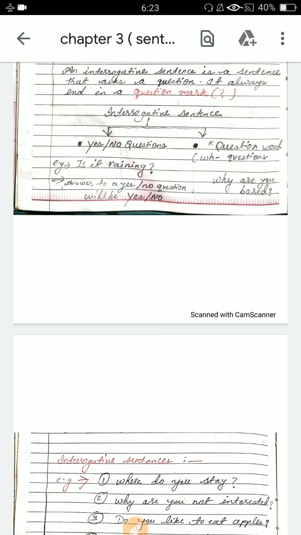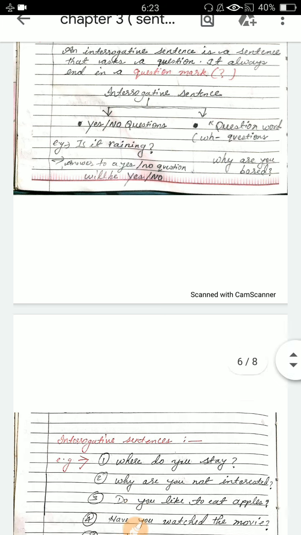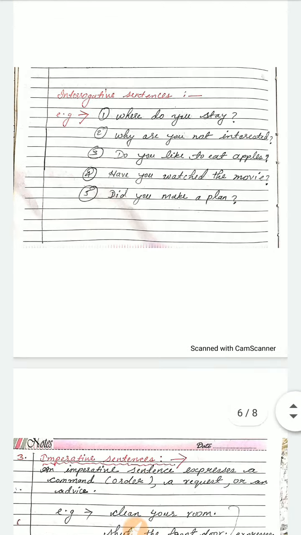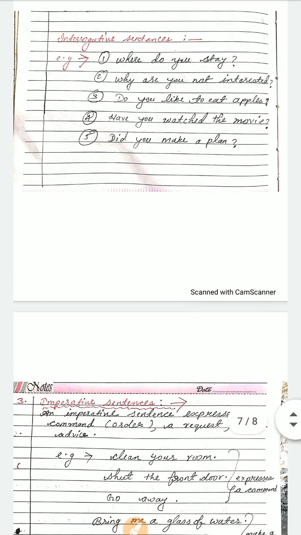And the second type, WH questions. The example here: Why are you bored? It means asking why you are getting bored. It is a WH question because it starts with a WH word. Some more examples are: Where do you study?